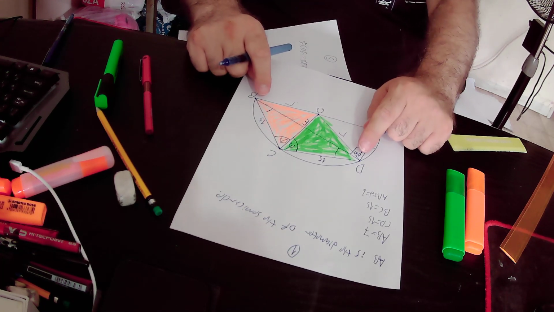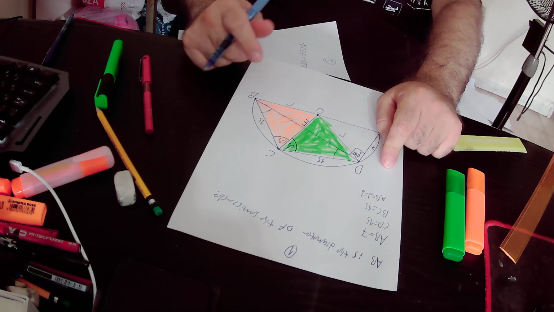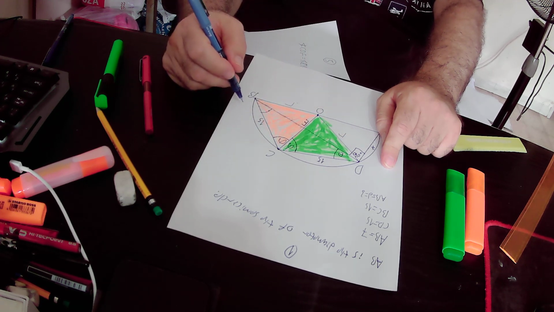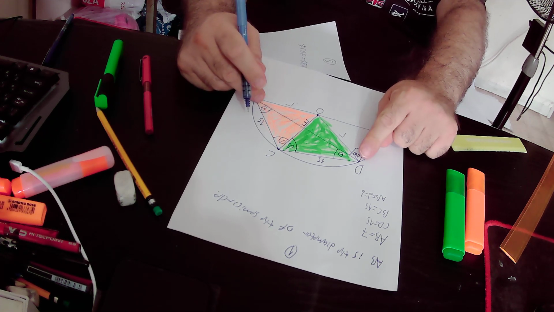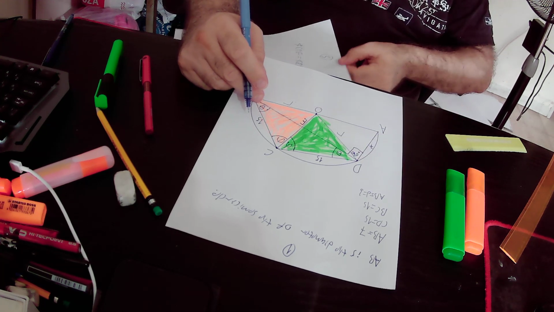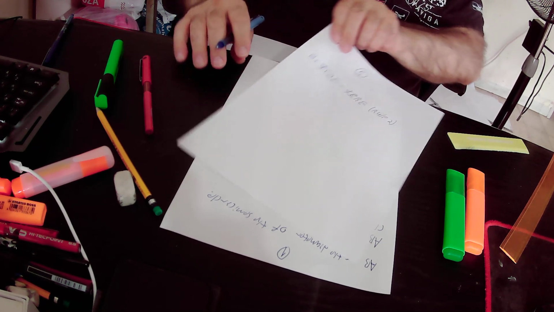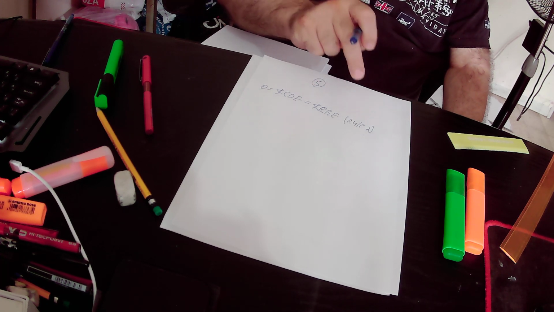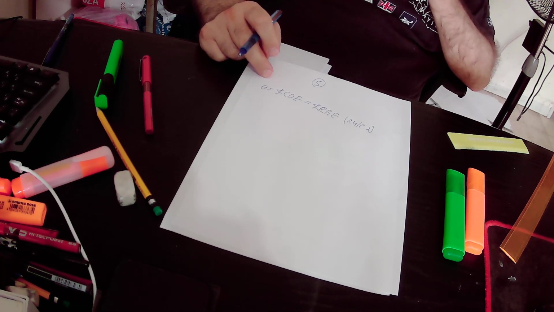And if we define angle CDE as theta, then angle CBE will also be equal to theta, because those two angles are equal according to rule number 2.